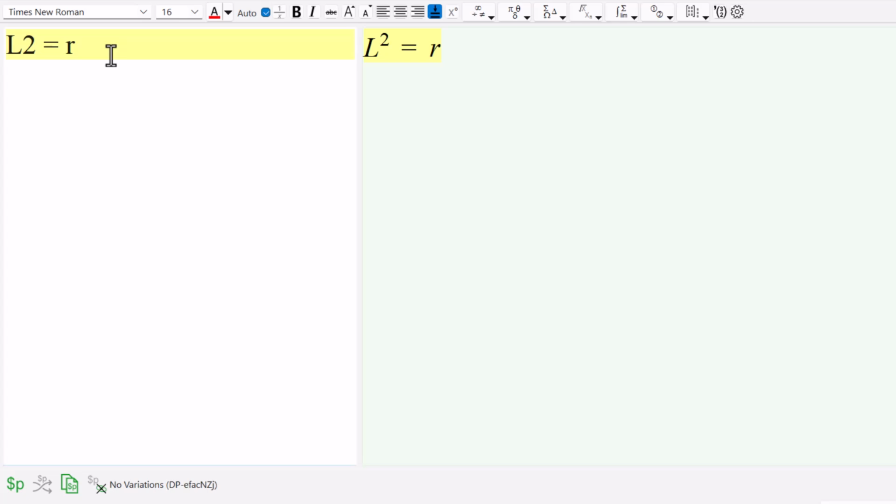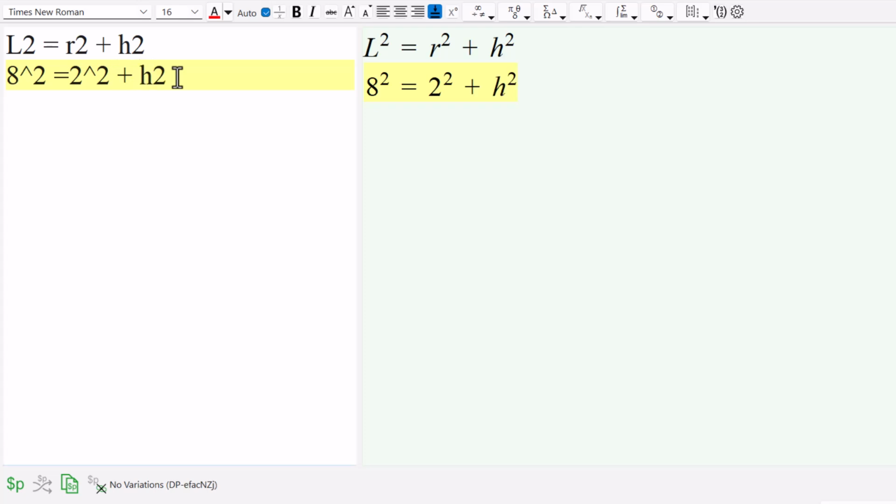The other two sides are our small r squared plus the height squared. Then I do my substitution. The slant height we already got is 8, so that is 8 squared, equals the radius, which we calculated to be 2, so 2 squared, plus our height, which is what we are asked to calculate. So we are looking for h. Now we are collecting like terms.